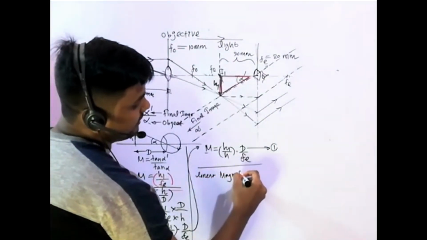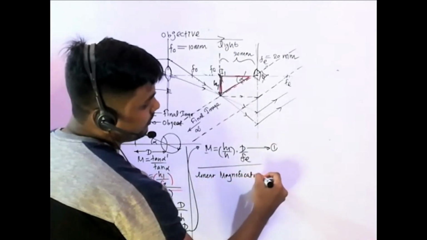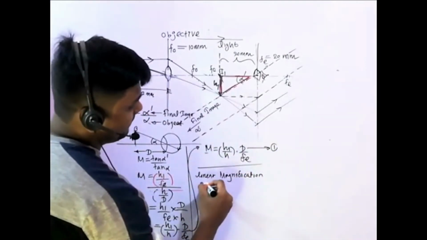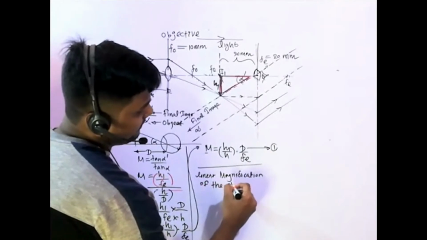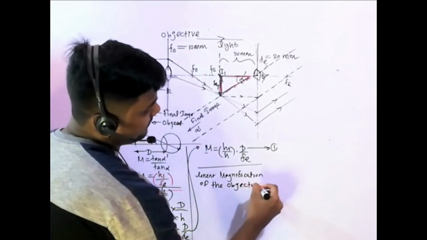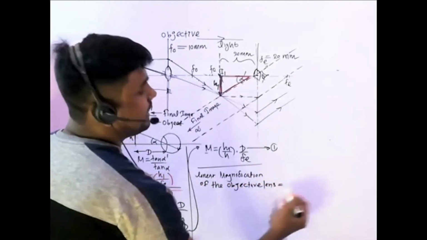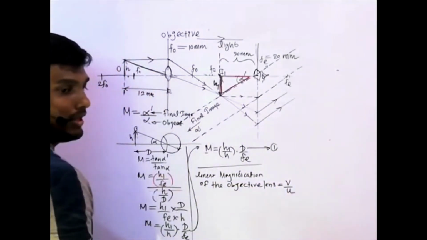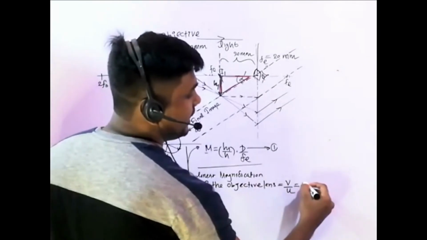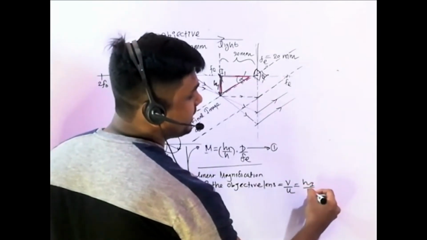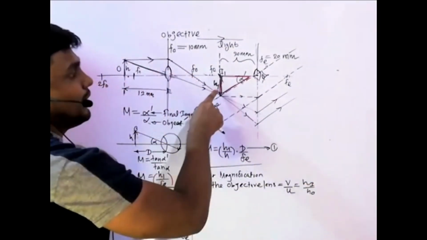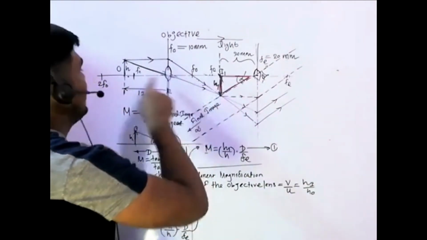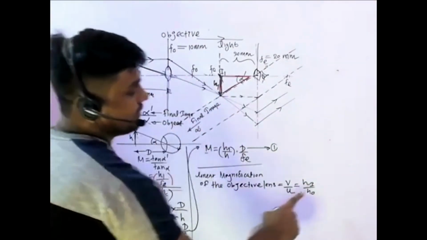Linear magnification of the objective lens is image distance over object distance, or image height over object height.